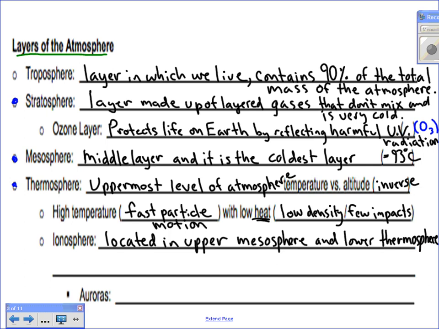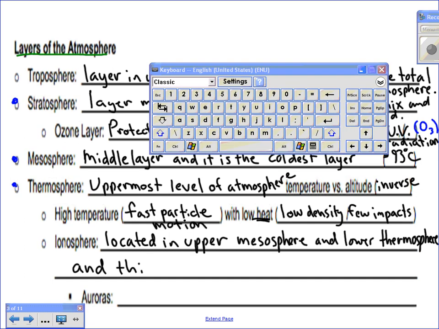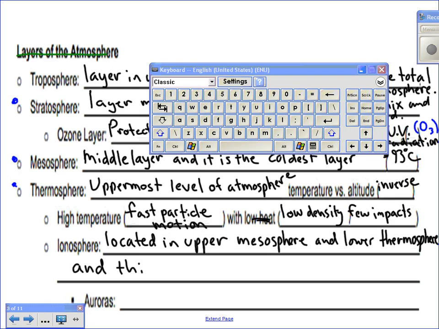The mesosphere is a layer below the thermosphere, so it's at that interface. And this is where the electrically charged particles are located.